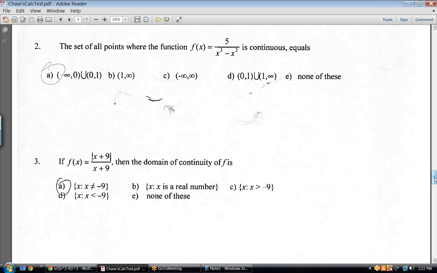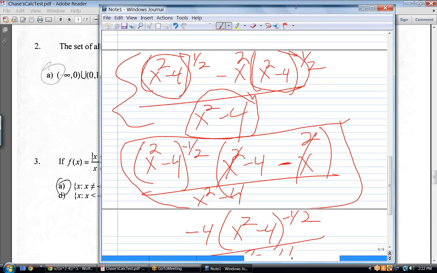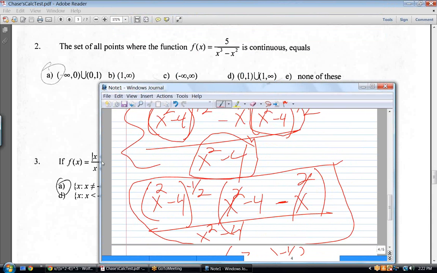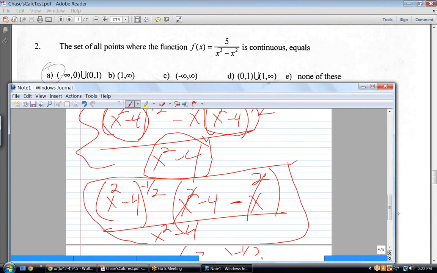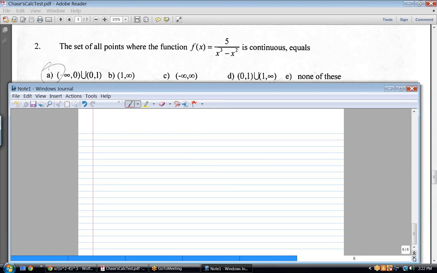Where is this not continuous? When the bottom is equal to 0. Right, and that is x is 0. Two places. Right? Isn't that when x is 0 or when x is 1?